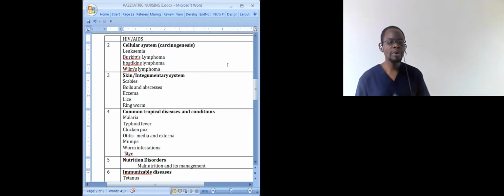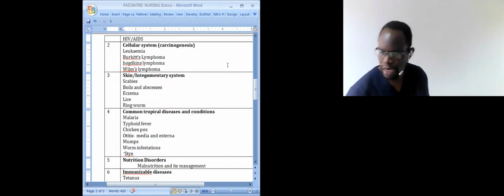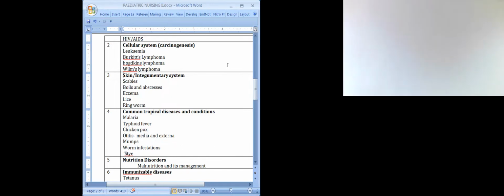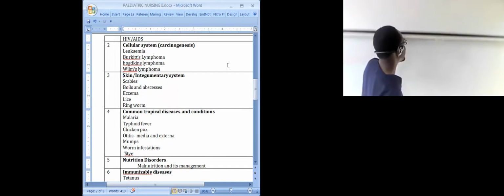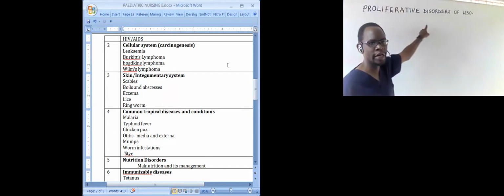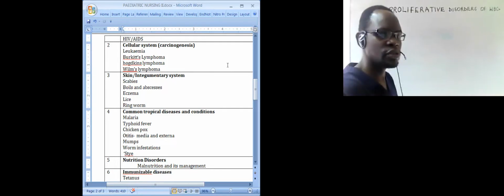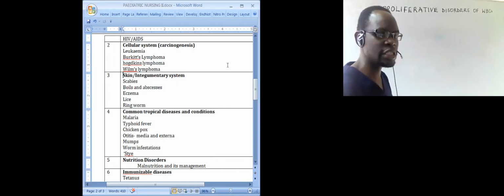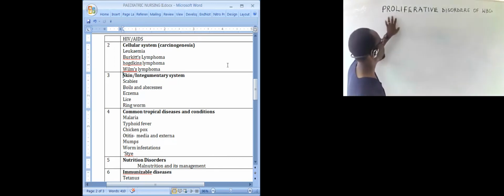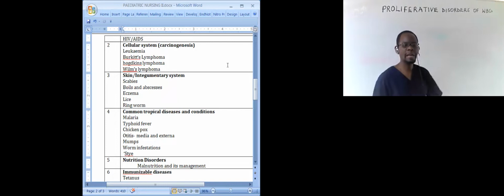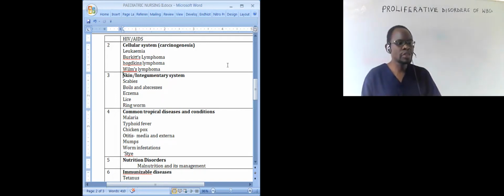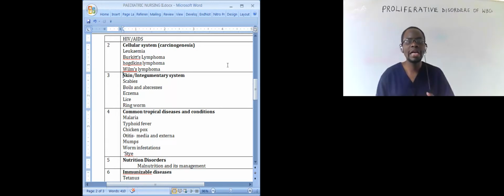So without wasting any more time, we want to cover something today. In today's topic, we are going to talk about the proliferative disorders of the white blood cells. In here, ladies and gentlemen, if you're inquisitive, we shall cover things like leukemia, we shall cover the lymphomas.